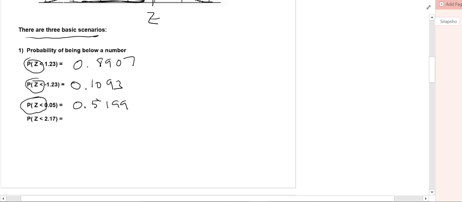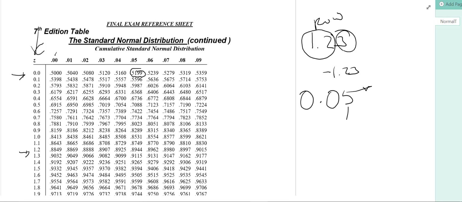And then the last one here. Again, all of these are less than a number, so that's the first scenario. 2.17. So I'll look up 2.17 in the table. Let me get my pen working again.